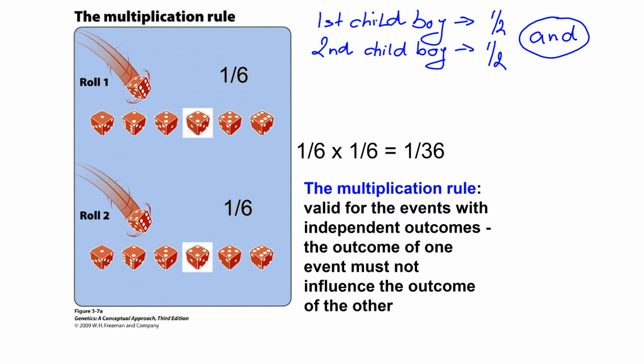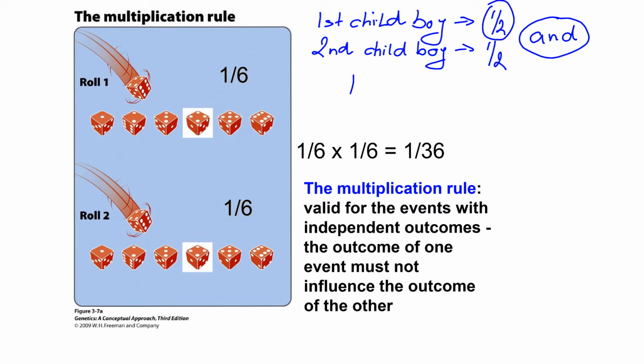So in this case, you ask about two children being boys. How do you proceed in this particular case? You ask, what is the probability that your first child will be a boy and your second child will be a boy? We know already that the probability of having the first child a boy is 50%, 1/2, and also the second child will be a boy.